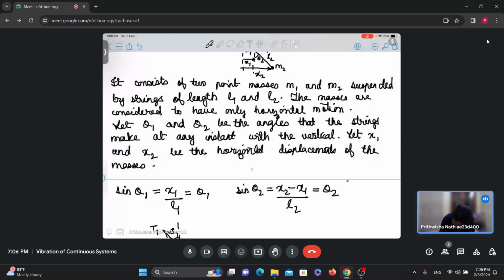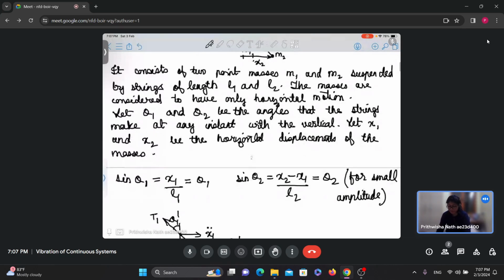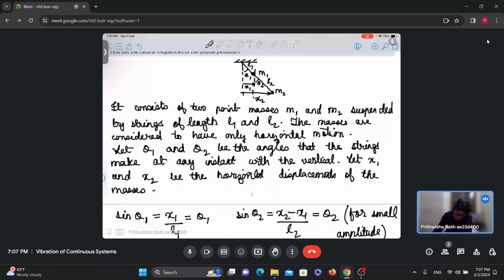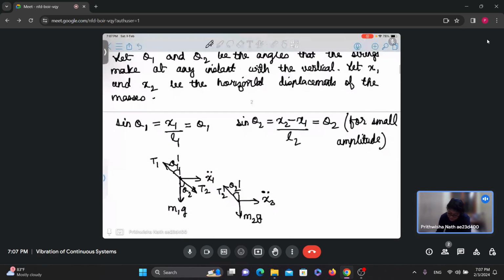Similarly, sin θ2 can be written as (x2 minus x1) divided by L2, and that is approximated to θ2 since it is small amplitude. Now I construct the free body diagrams. So tension T1 is acting up in this direction, and tension T2 is acting in the downward direction, as can be seen.